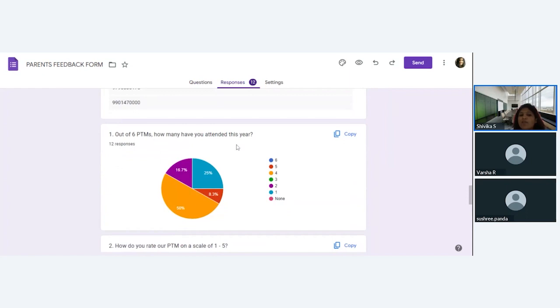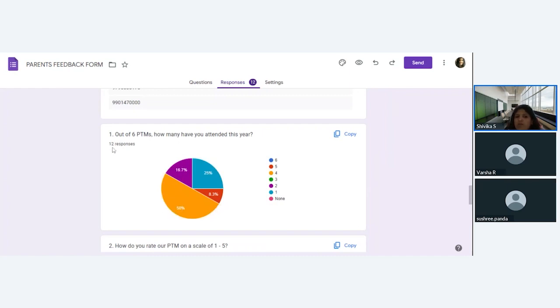Now, out of 6 PTMs, how many have you attended this year? As I said, that's a comparative analysis. Here 50% of the parents, represented by the orange color, say that they have attended 4 out of 6 PTM meetings.